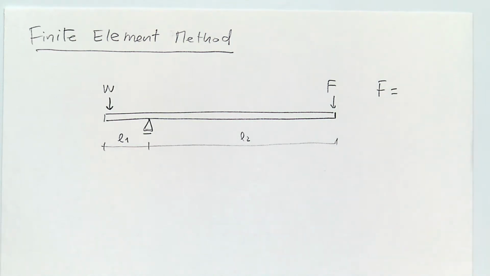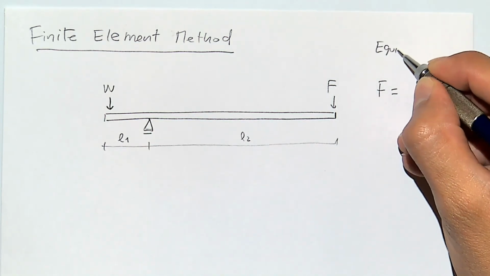And how did you get to that solution? Okay, but what has to be equal? W times L. And what is W times L? Well, it would be angular momentum or the torque, right?